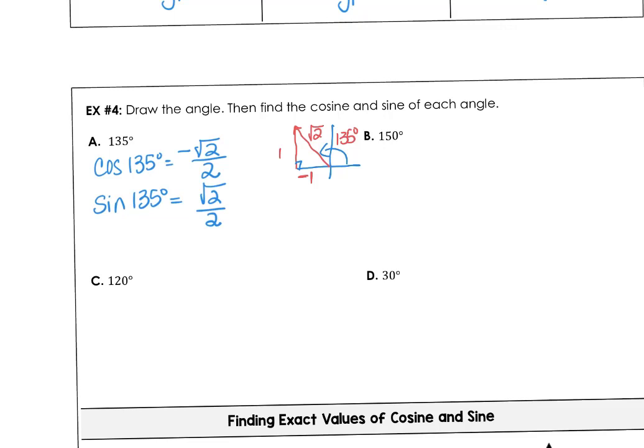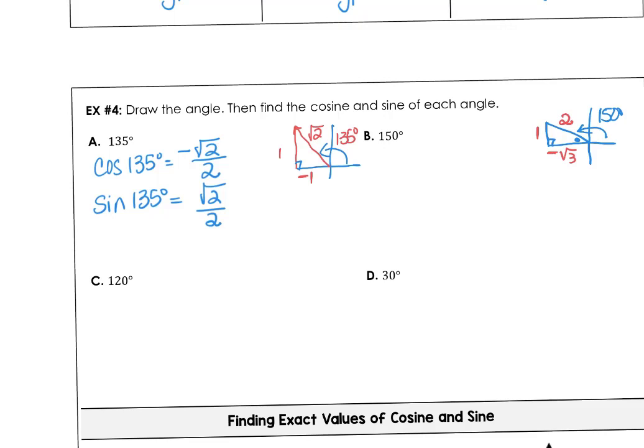On 150 degrees, we're looking still in quadrant 2. So 150 degrees is 30 degrees up from the x-axis in standard position. This angle here, that's our theta, is 30 degrees. So the ratio for our triangle is 1, radical 3, and 2.